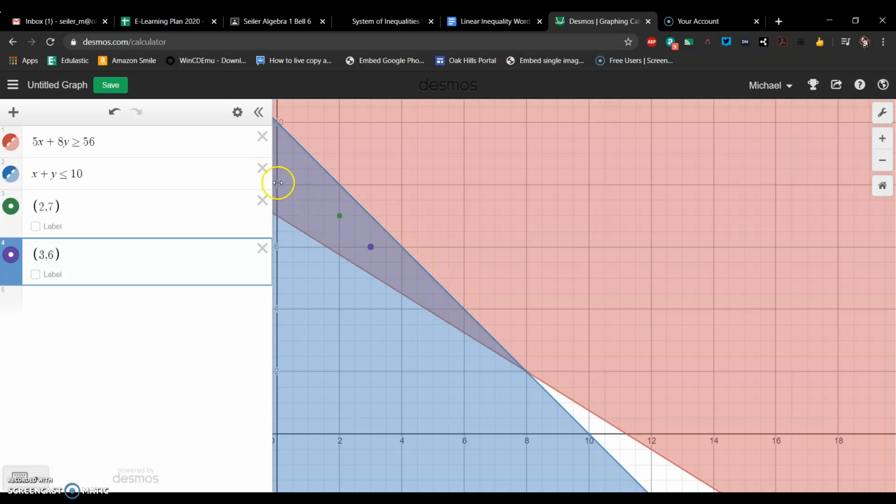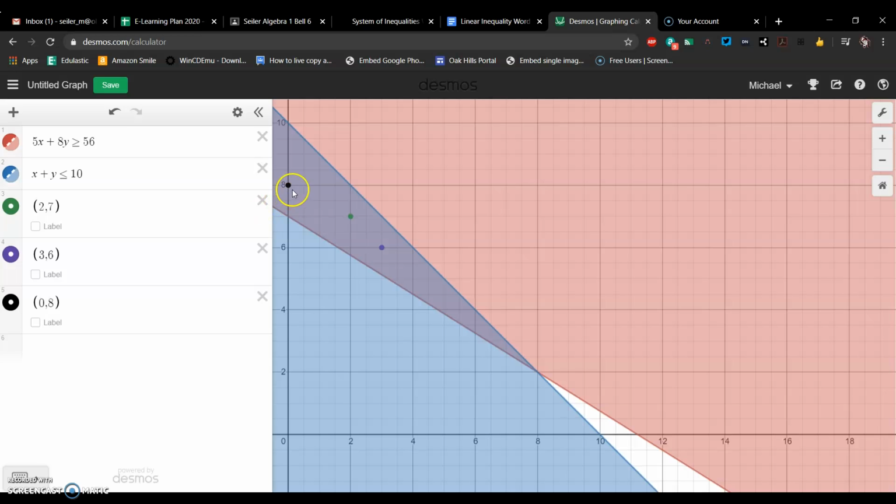And one thing to notice too is you see this one right here, he could strictly work 8 hours at his sales job, and that would also be a possible solution, because working 0 hours at your house cleaning and 8 hours at your sales job is in our feasible region. Now that might get you fired from your house cleaning job, but it falls within our range. So any of these would be possible answers that we need.